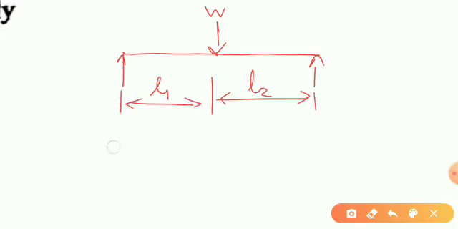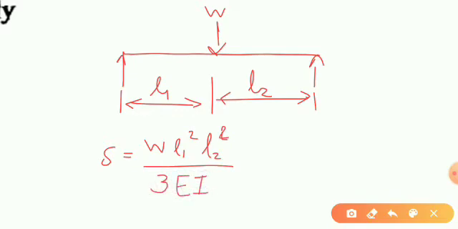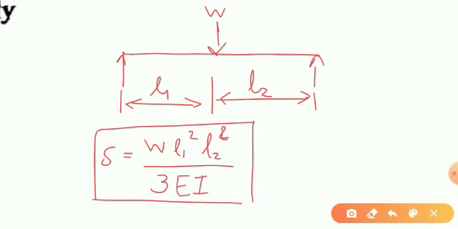What will be the deflection? Deflection will be equal to W L1 square L2 square divided by 3 EIL. This is the equation of deflection for a point load on a simply supported beam.